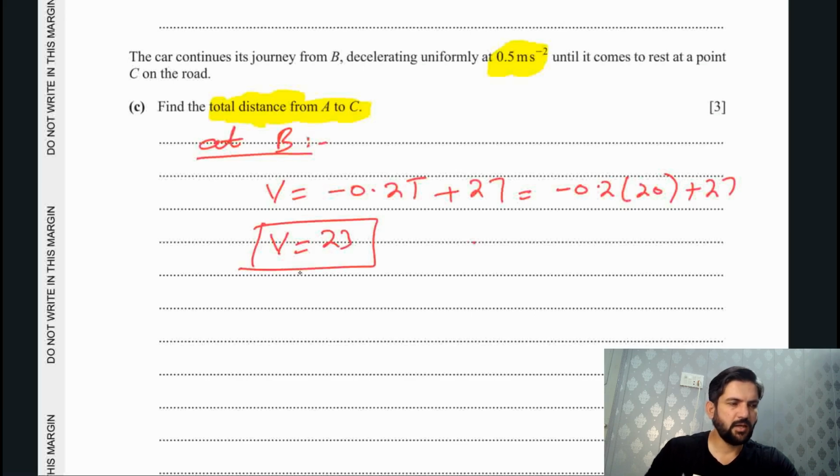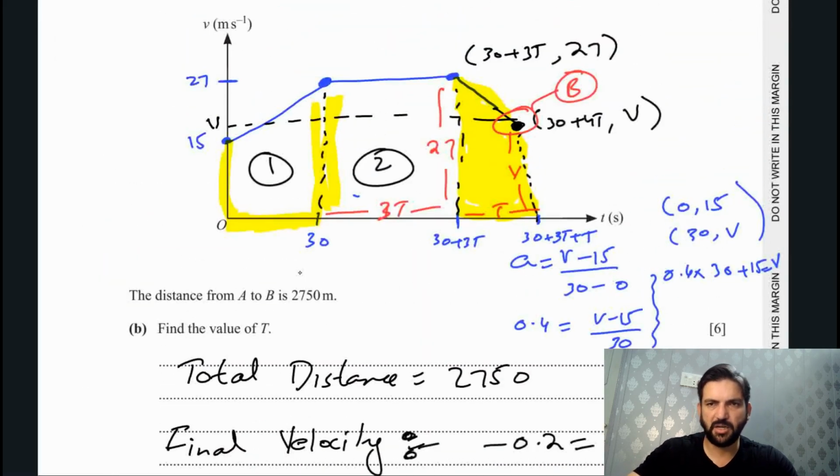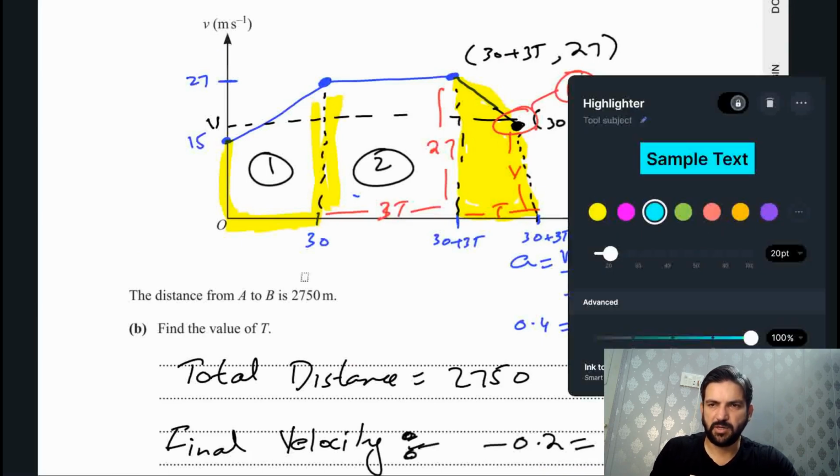Now we know that the initial velocity is 23. We are just using the last portion over here. Let me highlight it with another color, let's say green.